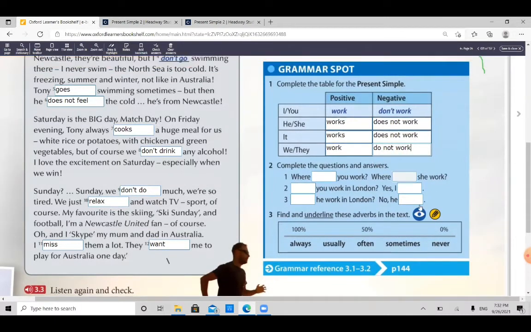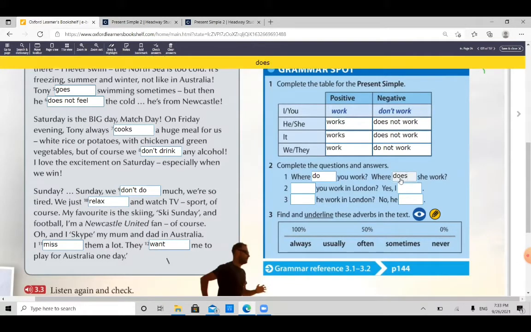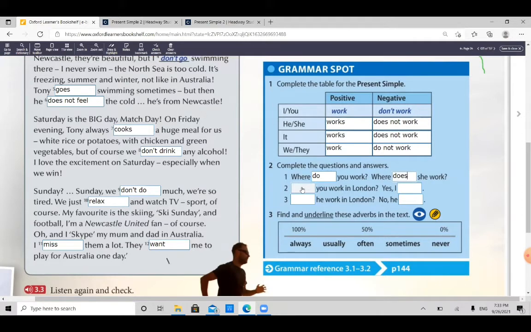Rawan, complete the questions and answers. Where do you work? Where does she work? Okay, thank you. Wujdan, number 2. Do you work in London? Yes, I do. Very good.